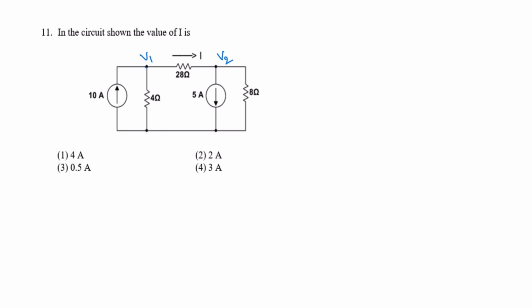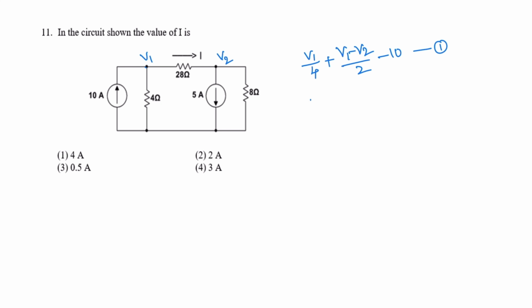So by nodal analysis, V1 by 4 plus (V1 minus V2) by 2 minus 10. So this is equation 1.